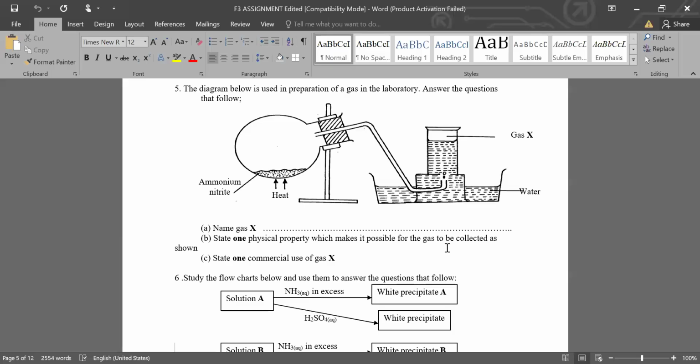You can see the way the ammonium nitrate is being heated. Then the gas is being collected over water. From the diagram, when ammonium nitrate decomposes, the gas formed, gas X, will be nitrogen gas.